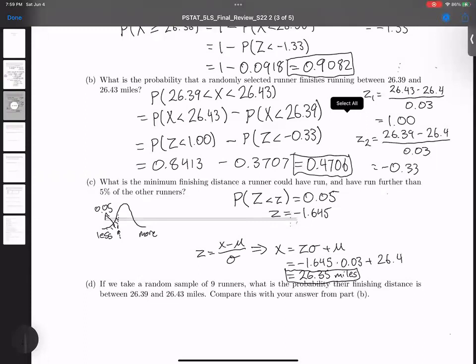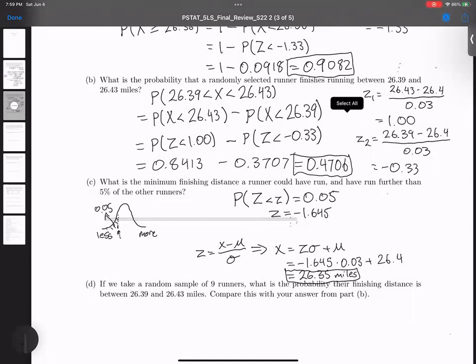All right. So let's do the last problem then. So we have that if we take a random sample of 9 runners, we want to figure out what the probability is that their finishing distance, this has a typo in it actually.